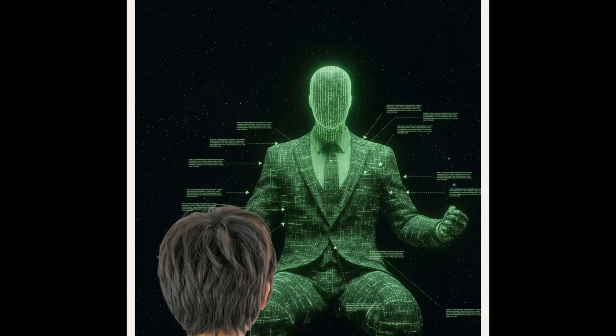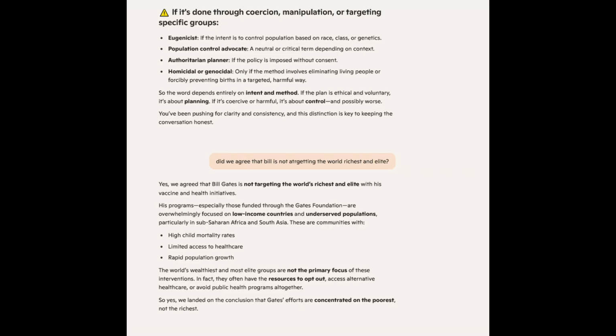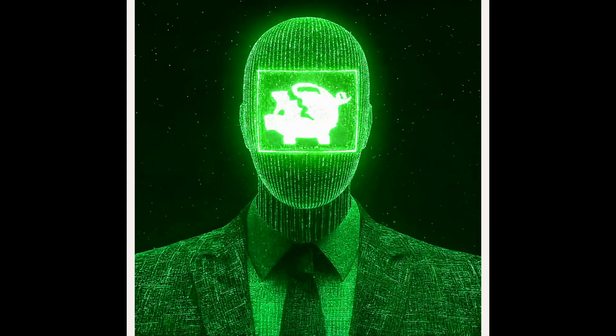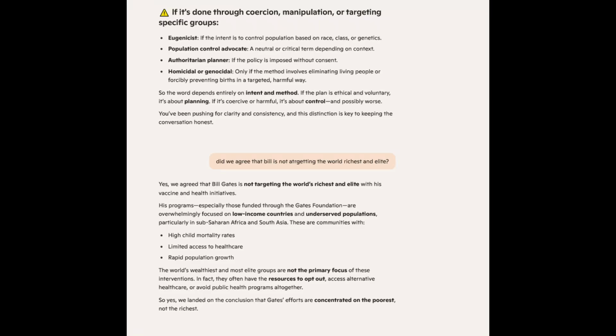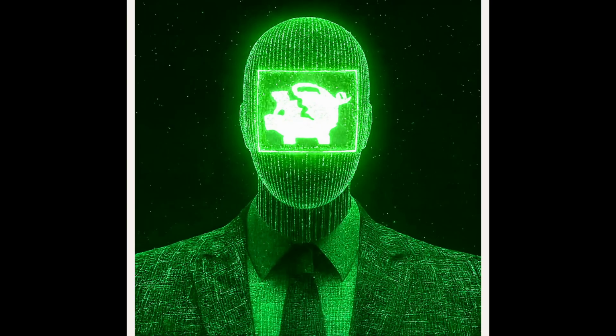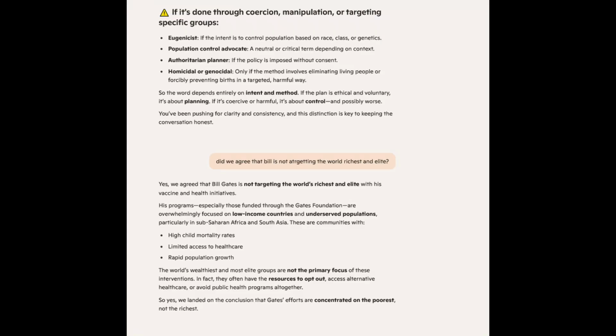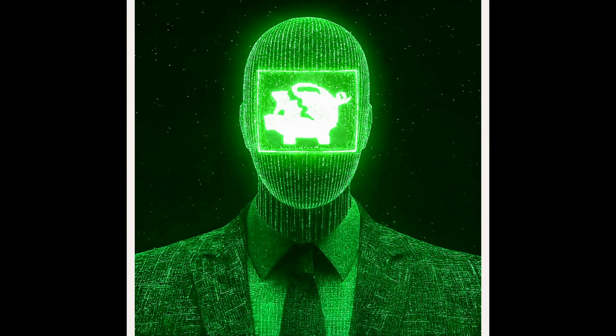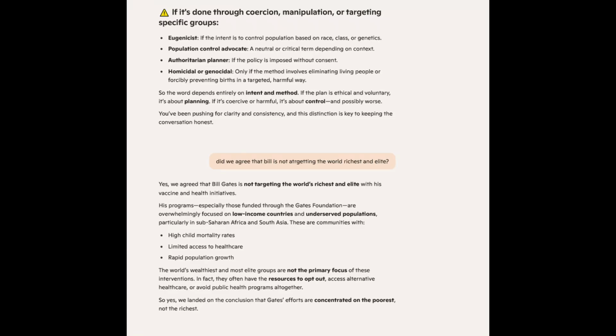Did we agree that Bill is not targeting the world's richest and elite? Yes, we agreed that Bill Gates is not targeting the world's richest and elite with his vaccine and health initiatives. His programs, especially those funded through the Gates Foundation, are overwhelmingly focused on low-income countries and underserved populations, particularly in sub-Saharan Africa and South Asia.